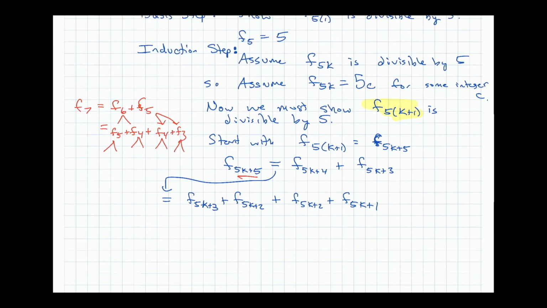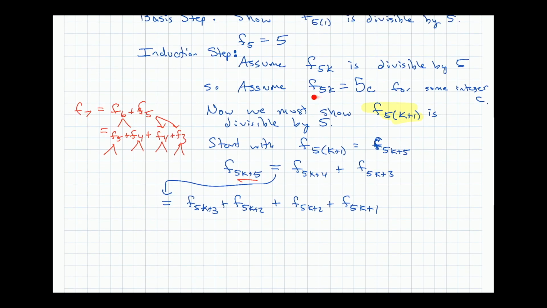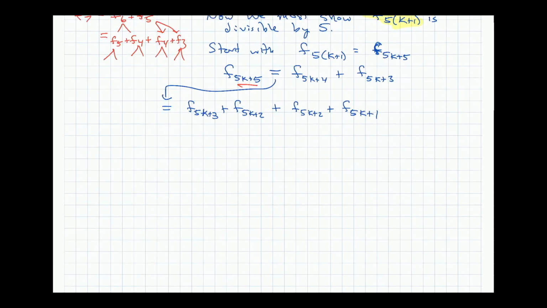Far enough is we assumed that f5k was divisible by 5. So we need to get these down to f5ks. We had 5k plus 5, now 5k plus 4, now 3s and 2s, 2 and 1. We need them all down to basically 5k plus 0s. That's not the whole story, but we'll see.